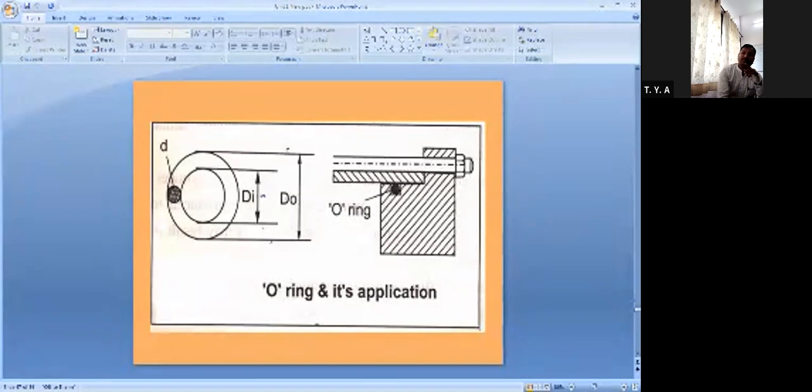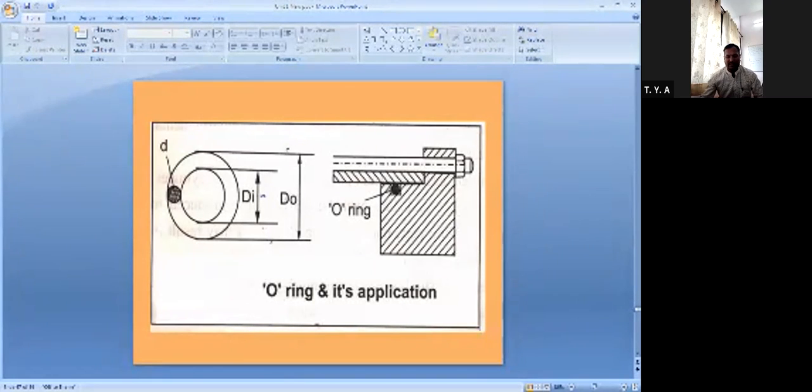The material used for this O-ring seal is molded synthetic rubber, specified by Di, the internal diameter, Do, the outer diameter, and the cross section diameter D. So these O-rings give a very effective sealing effect at very high pressure. O-rings are usually molded from synthetic rubber components. Getting it?